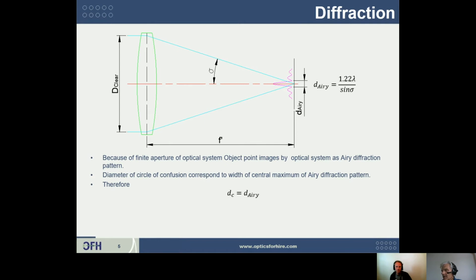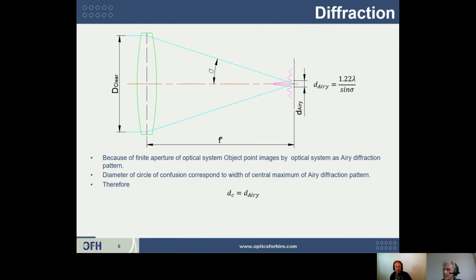This size is a well-known formula, and this size of the first maximum is named the airy disk size. In this case, the diameter of the airy disk corresponds to the circle of confusion. Okay. Okay, so the diffraction limit in some systems can be what creates the size of the circle of confusion.